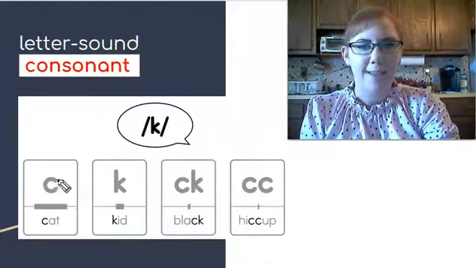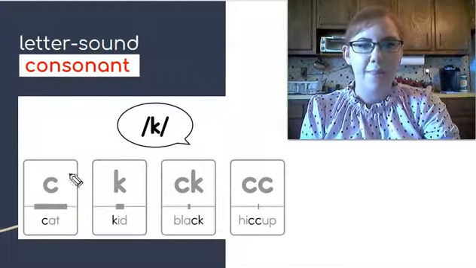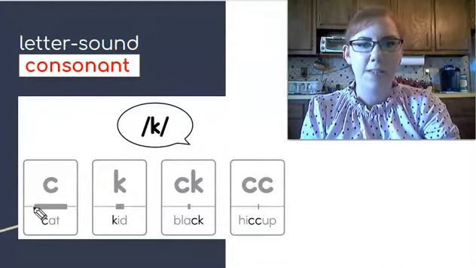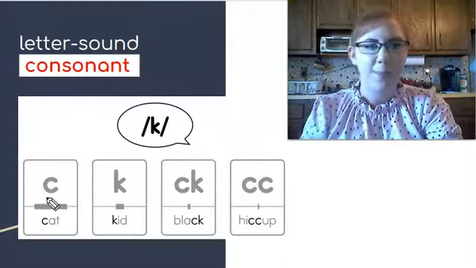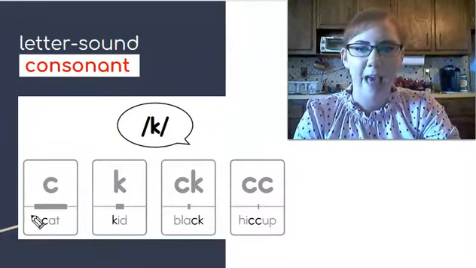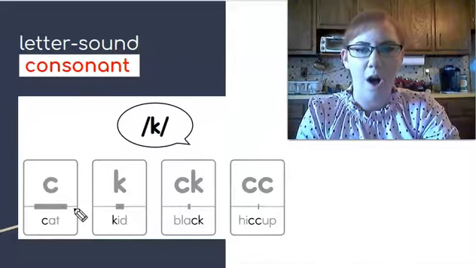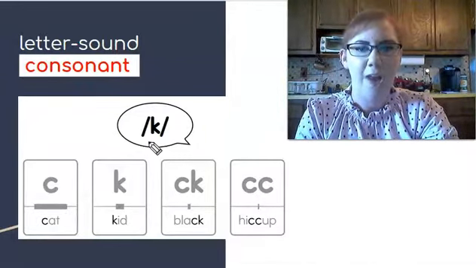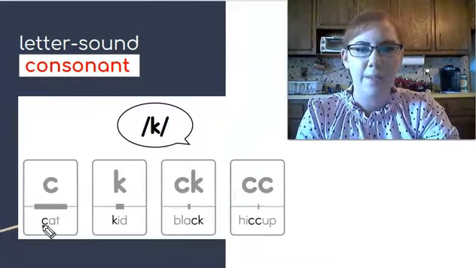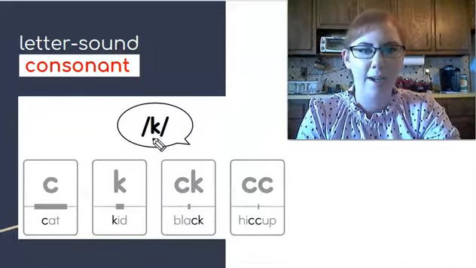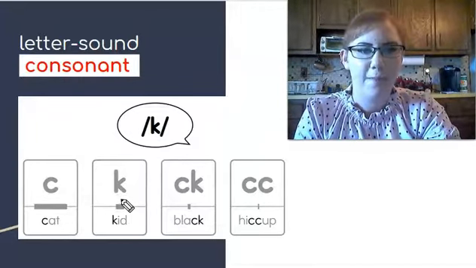Here we have a C. That means the K sound can be spelled with a C. That power bar is pretty long, but not all the way across. So it's pretty common for the K sound to be spelled with a C. The K sound can also be spelled with this letter. What is the name of this letter?